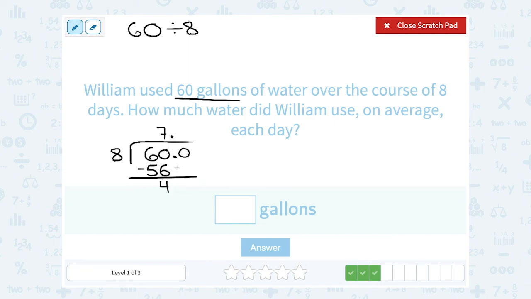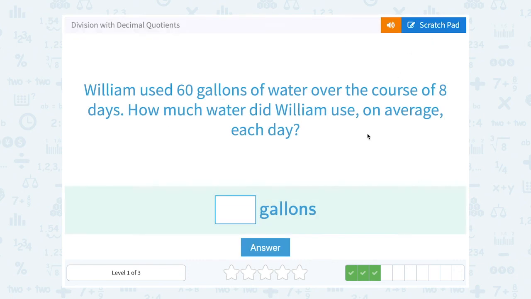Now, 8 does not go into 4, so I'm going to bring down my 0. And 8 goes into 40 5 times, right? 5 times 8 is exactly 40. So since that equals 0, I know I'm done, and my exact answer is 7.5. So on average, he uses 7.5 gallons per day.